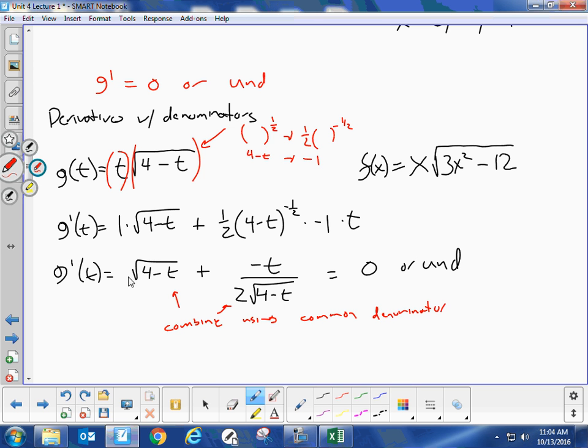Which means this term over here on the left, I will multiply the top and bottom by the denominator over here on the right.